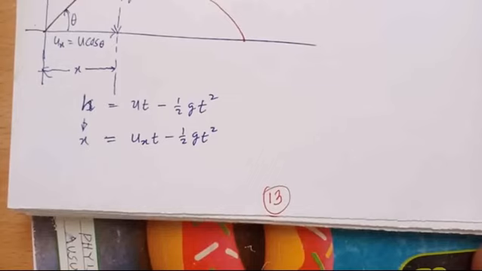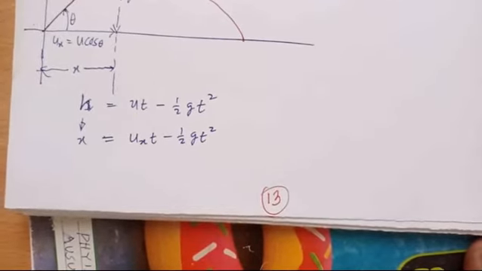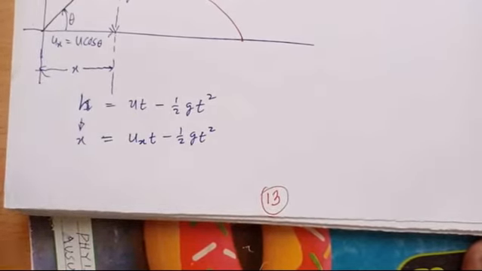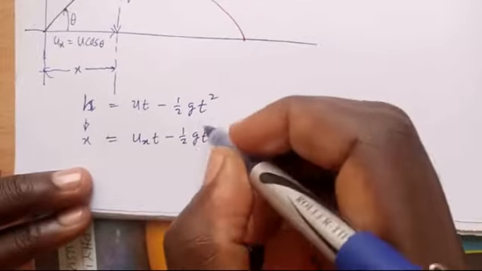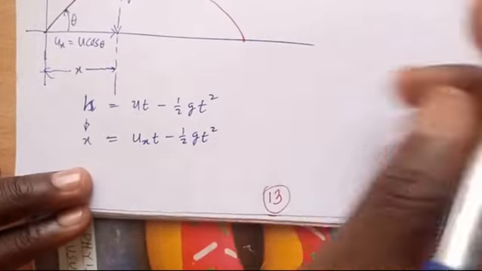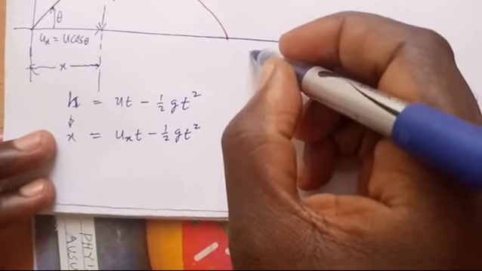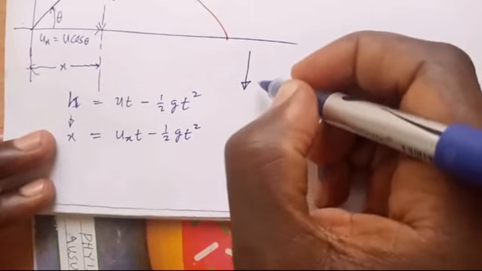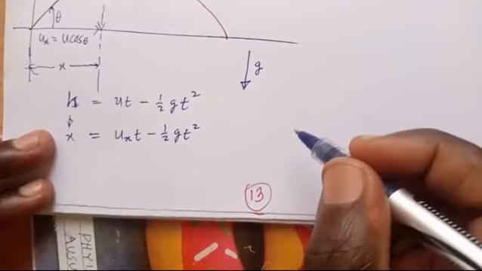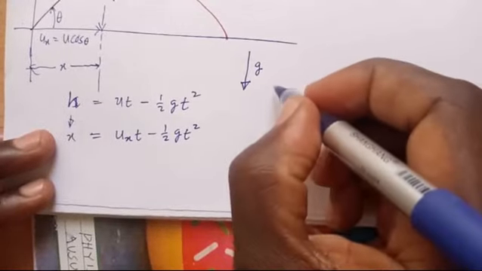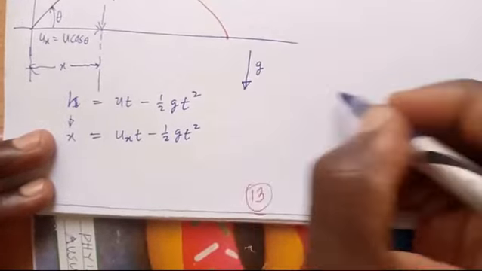Remember again that I said in the previous video that the direction for g is vertically downward. So it has no influence on horizontal motion.